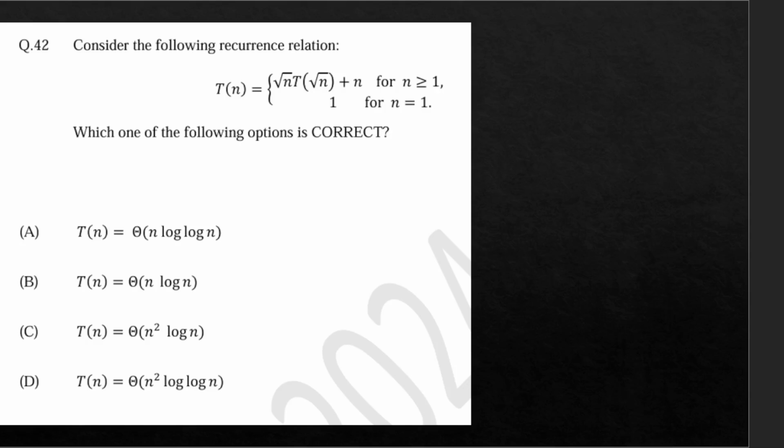By Master's theorem you can solve, or by substitution also you can solve. There are two ways to solve this problem. Any way you can pick and solve this.